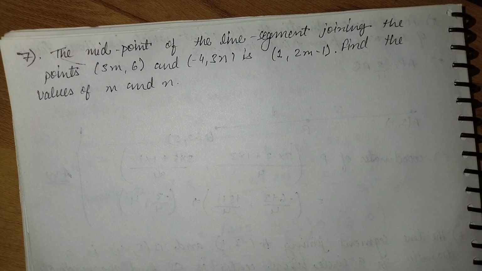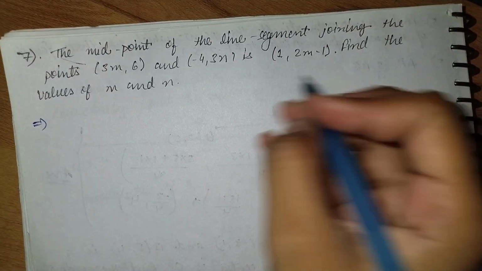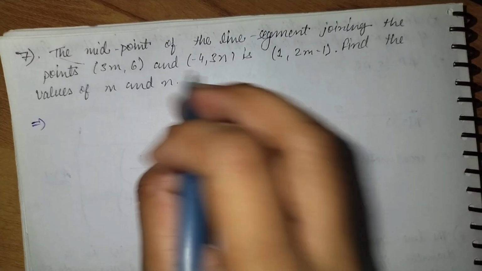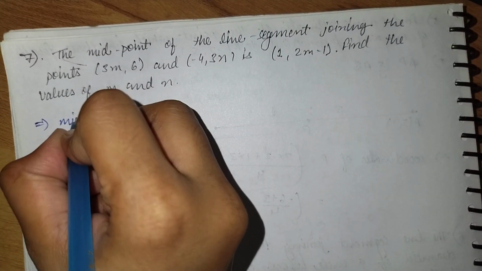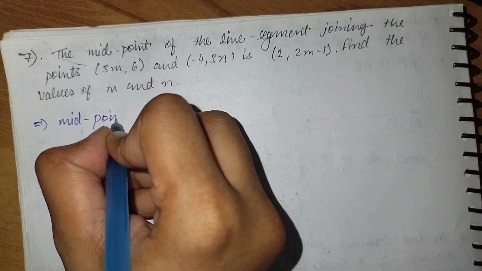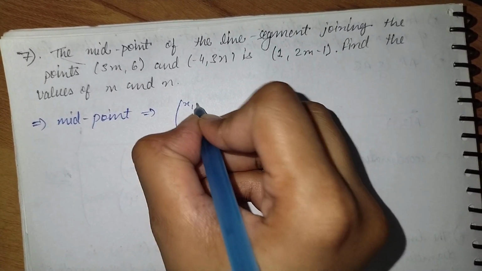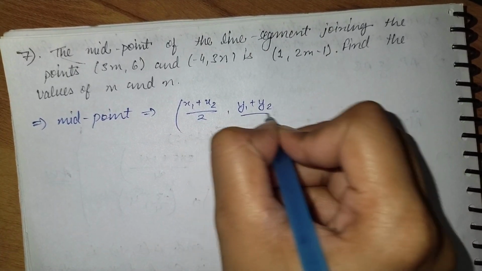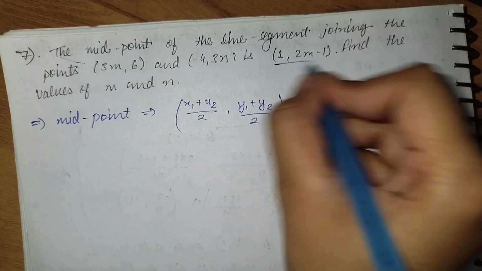Now let us solve question number 7. The midpoint of the line segment joining these points is this, and we have to find the values of m and n. So if the midpoint is given to us, we can find the values of m and n from there. So simply the midpoint formula we can apply. That will become (x1 + x2)/2, (y1 + y2)/2, which is equal to (1, 2m - 1) according to this part.